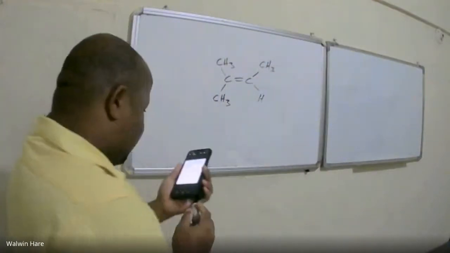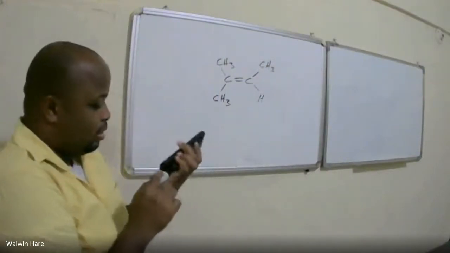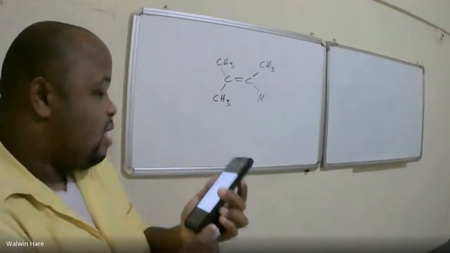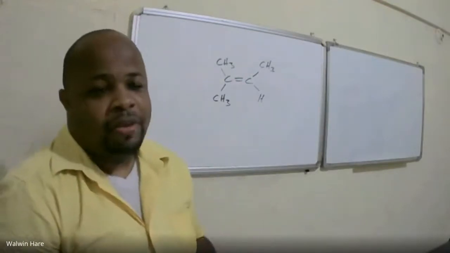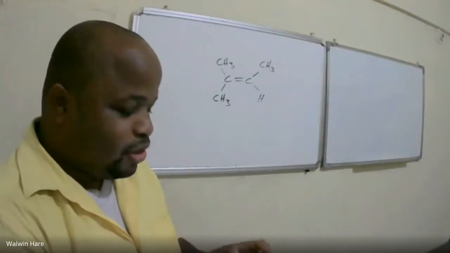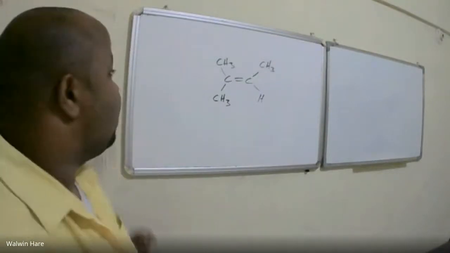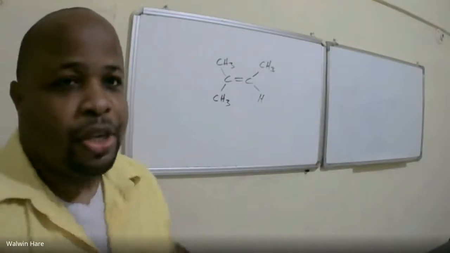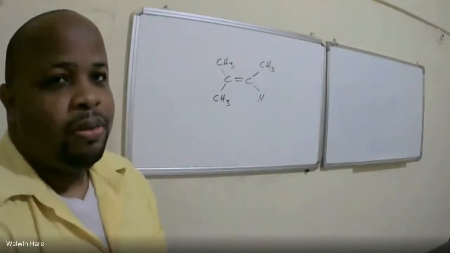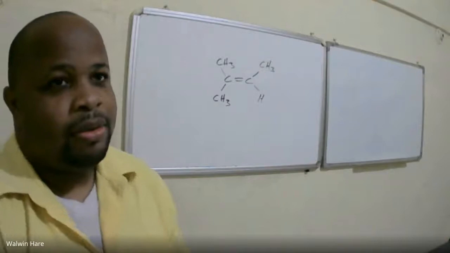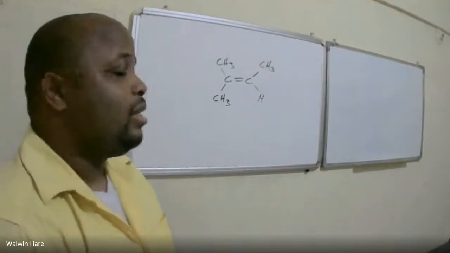So we're starting with alkenes, right? But tell me, what is the characteristic reaction of alkenes? If I use the term characteristic, what do I mean? What type of reactions alkenes do compared to alkanes?